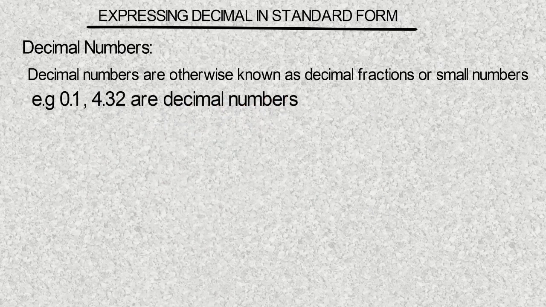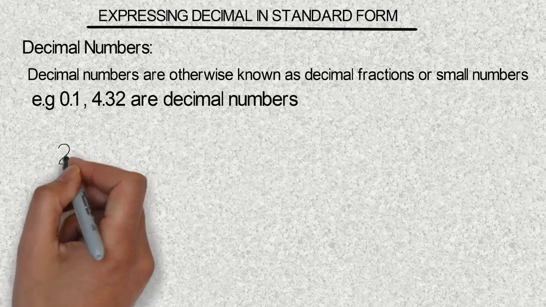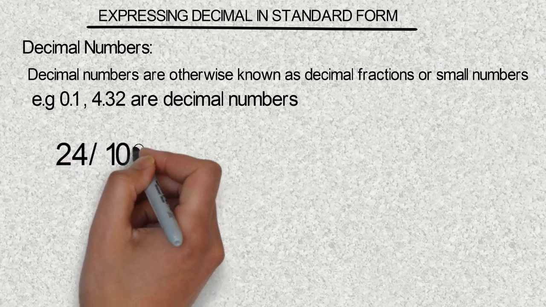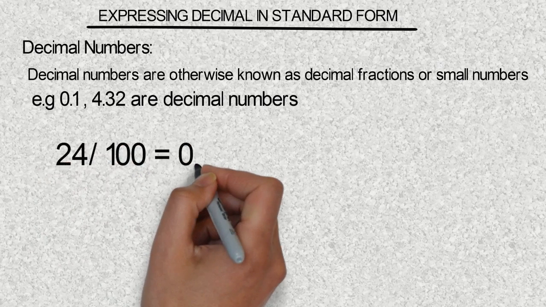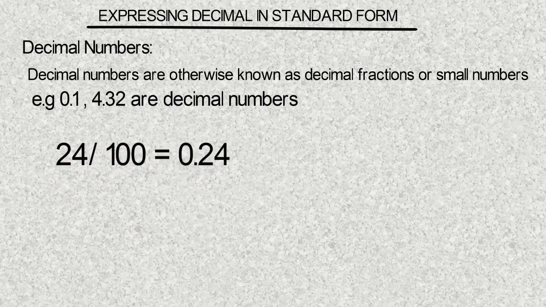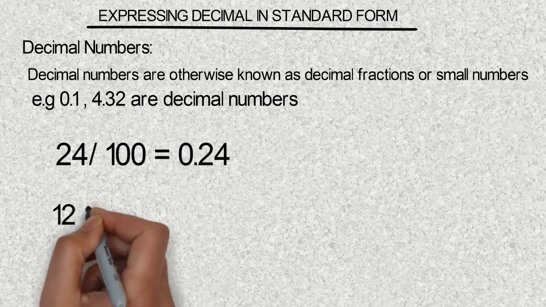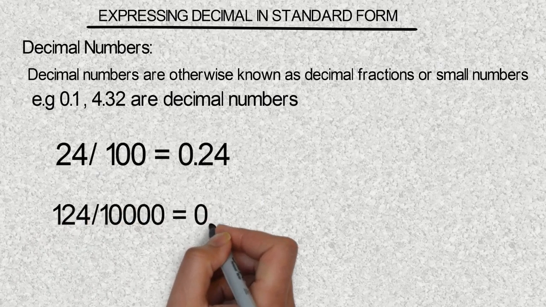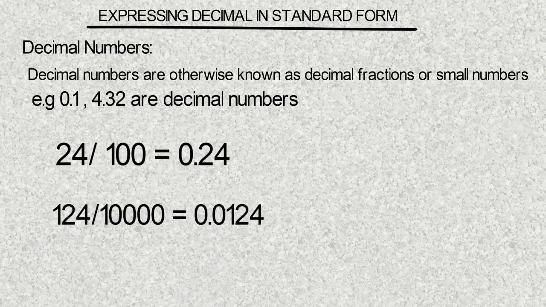Also, we can express decimal numbers as fractions. So if I have 24 over 100, this means 24 divided by 100, which will give me 0.24 in decimal. Also, 124 divided by 10,000 will give me 0.0124 in decimal.